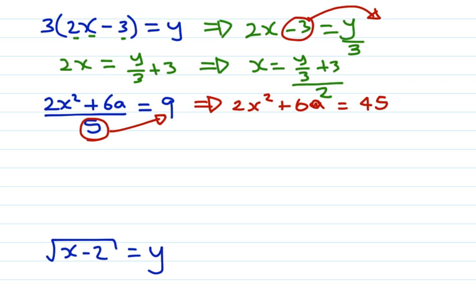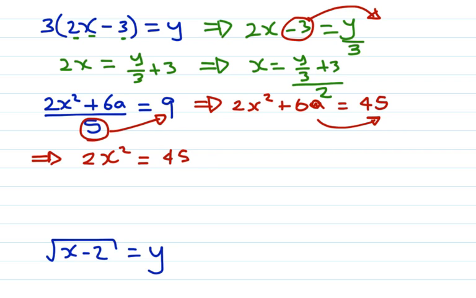x squared is times by 2 plus 6a. The last thing I said was add 6a, so I'm going to subtract 6a. So there we go. On this side I'll just be left with 2x squared. The 6a will now go over there, and it will be subtracting now, doing the opposite to what it was doing.